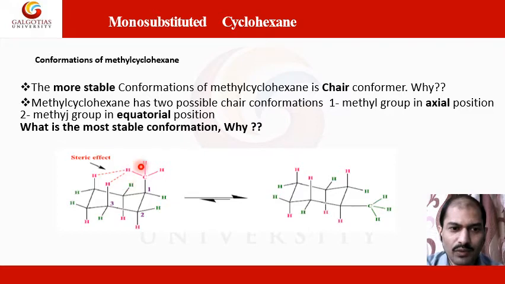So this form will be less stable compared to the form where the group is attached at the equatorial position. In the case of the axial position, there are 1,3 interactions, which generally refers to the atoms or groups attached at the first carbon interacting in 3D space, and these have steric effects.